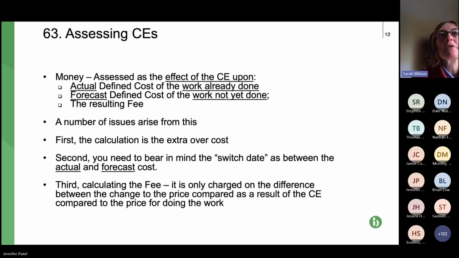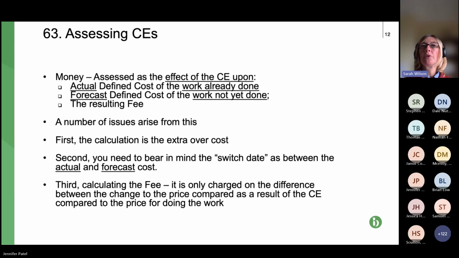If we go back to those first 2 points, so it's effectively about what we refer to as the switch date between the actual and the forecast cost. So we're looking at defined costs, so they're the costs that are listed and set out in the schedule of cost components, which we'll be looking at next month.